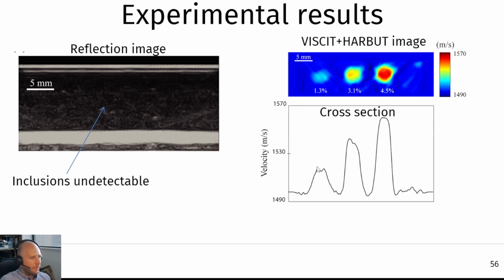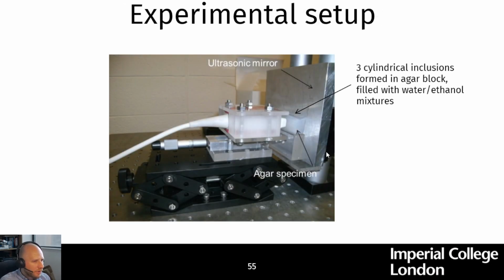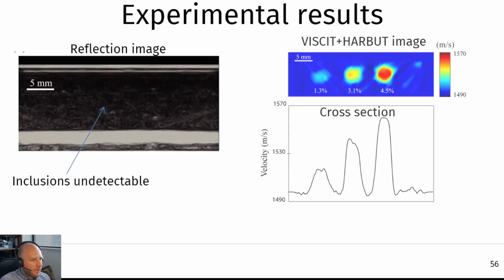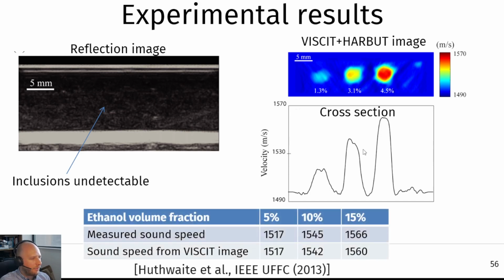Let me just check, I think those were the mixture percentages, that might be contrast. Here we go. Oh no, so these ethanol fractions were 5%, 10%, 15%, and that will correspond to velocity contrast of 1.3, 3.1, 4.5%. And you can see this nicely here.